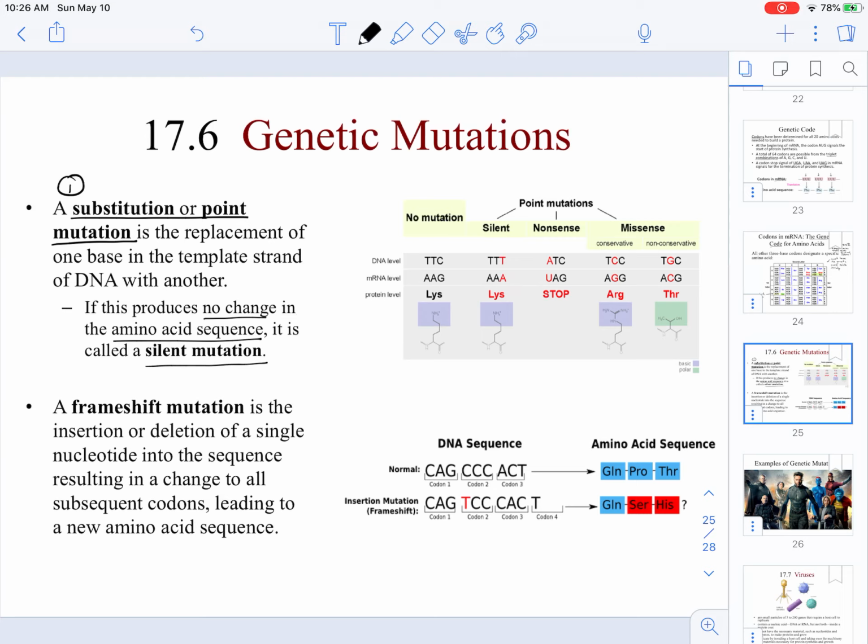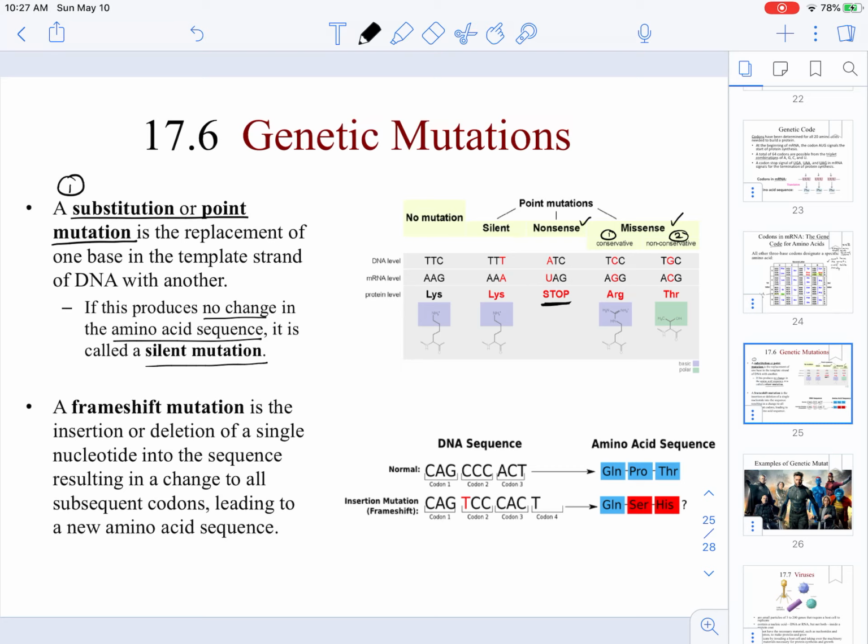When it comes to point mutations, we can also have a nonsense mutation and a missense mutation. A nonsense mutation is where the base that is changed results in a stop. A missense mutation can be of two types: conservative or non-conservative.